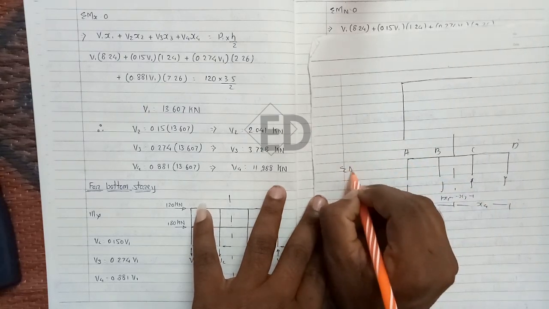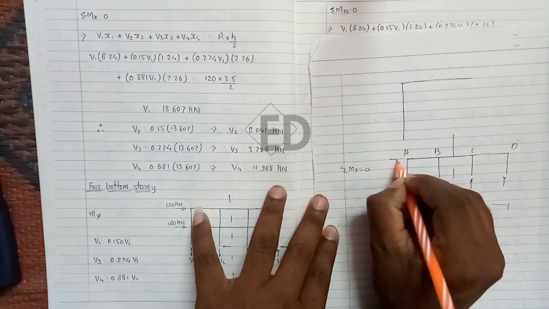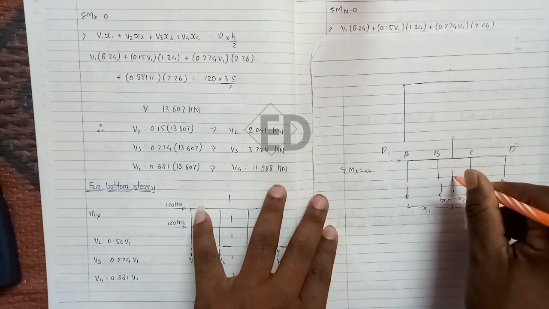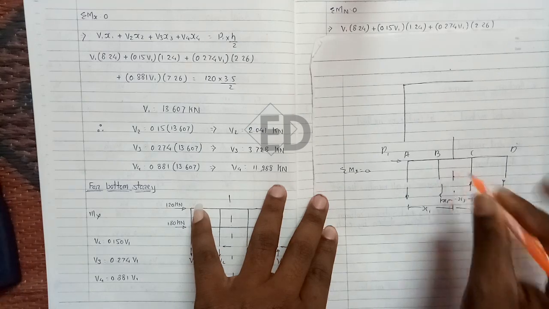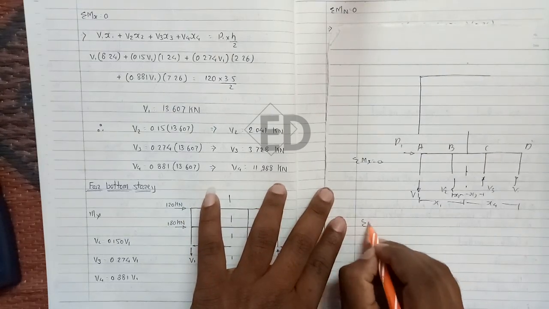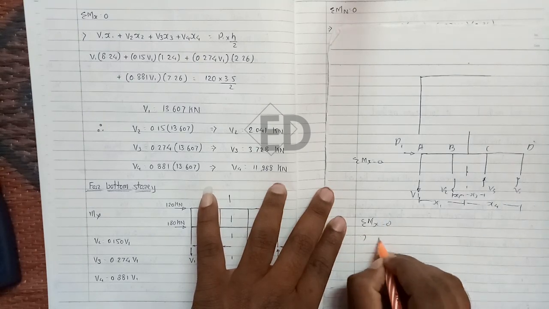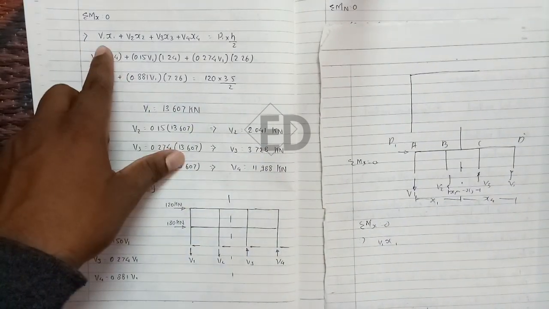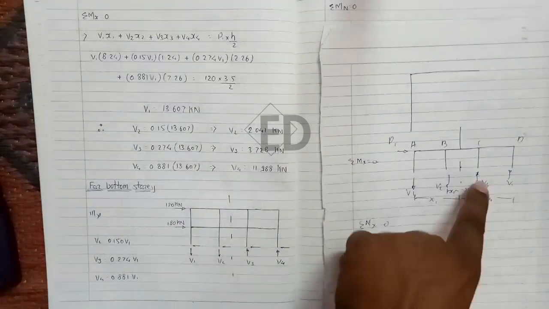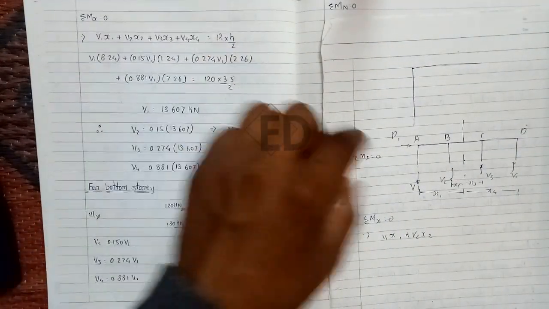We have to take moment about the centroidal axis equal to 0. This is all the forces, and P1 acts here. Taking the summation of moments equal to 0: V1 into x1 plus V2 into x2 plus V3 into x3 plus V4 into x4, and P1 into h by 2.